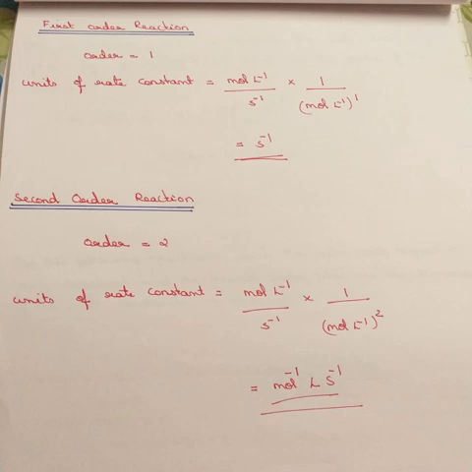We have discussed rate law, differential rate law, then order of a reaction, then unit of rate constant. Rate law means the rate of a reaction can be expressed in terms of concentration of reactants. That expression is known as rate law. We can represent it mathematically as rate is equal to K into A raised to x into B raised to y.